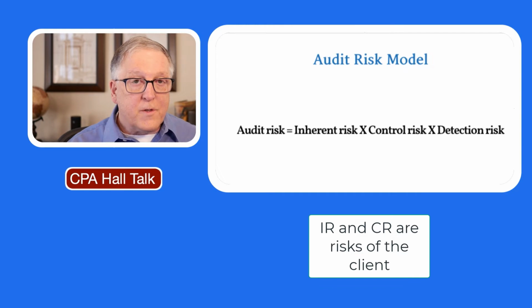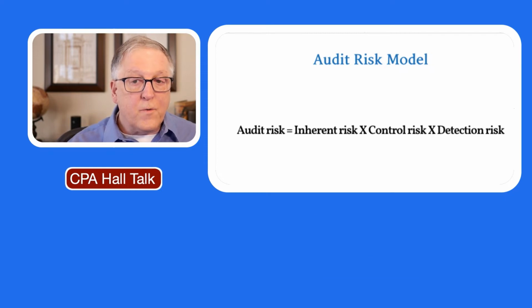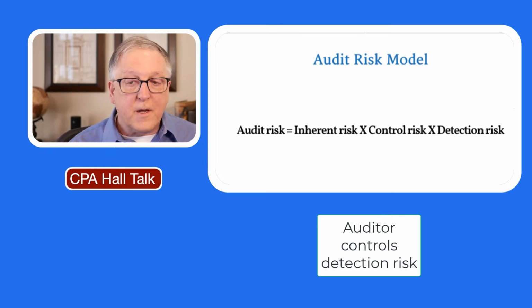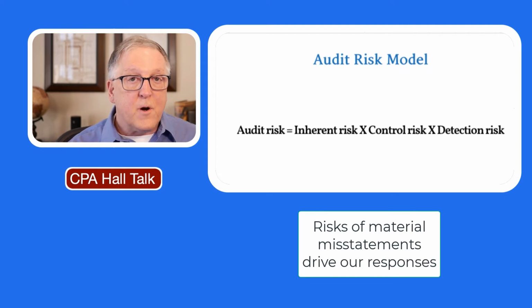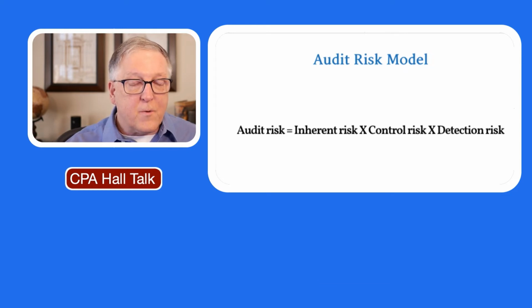In other words, these are risks that lie solely with your audit client. You only control the third element, which is detection risk. So as you're planning your audit, you're looking at the inherent risk and the control risk to determine what your risk of material misstatement is. And based on that risk of material misstatement, you're planning your procedures to lower the detection risk.